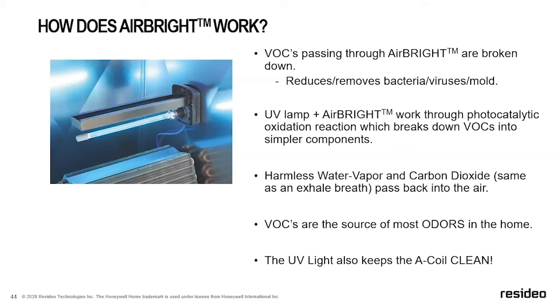Think about a car's catalytic converter, where it's breaking down harmful things and making the exhaust more clean for our environment. Same concept. So photocatalytic oxidation, VOCs go into the cell, UV light breaks them down into harmless water vapor. So it's like a 1-2 punch. Not only are you cleaning the coil with the UV light, we're also removing any odors and smells produced by VOCs.